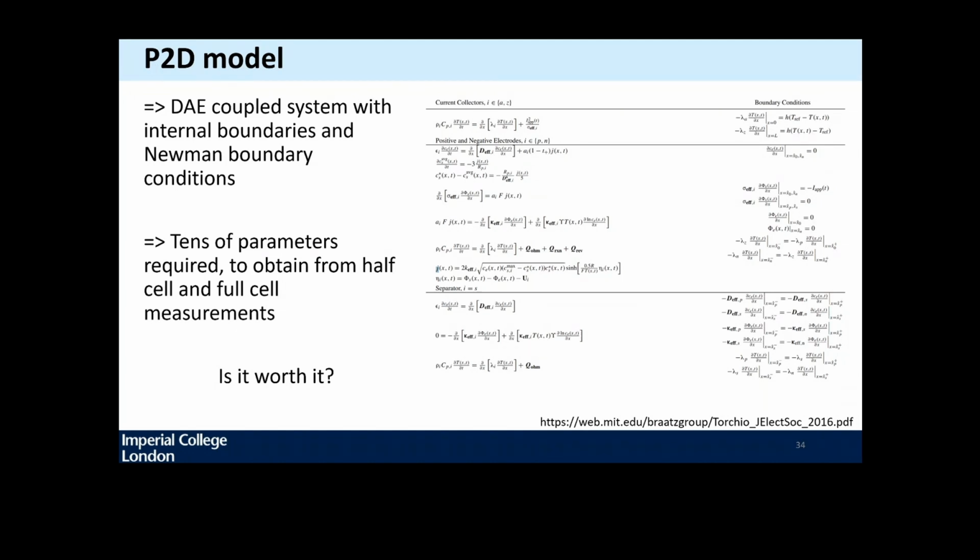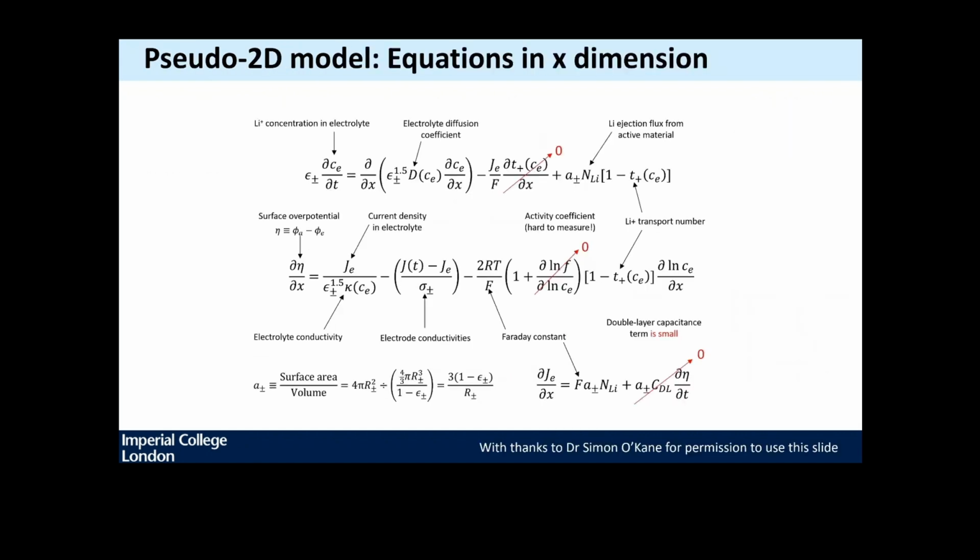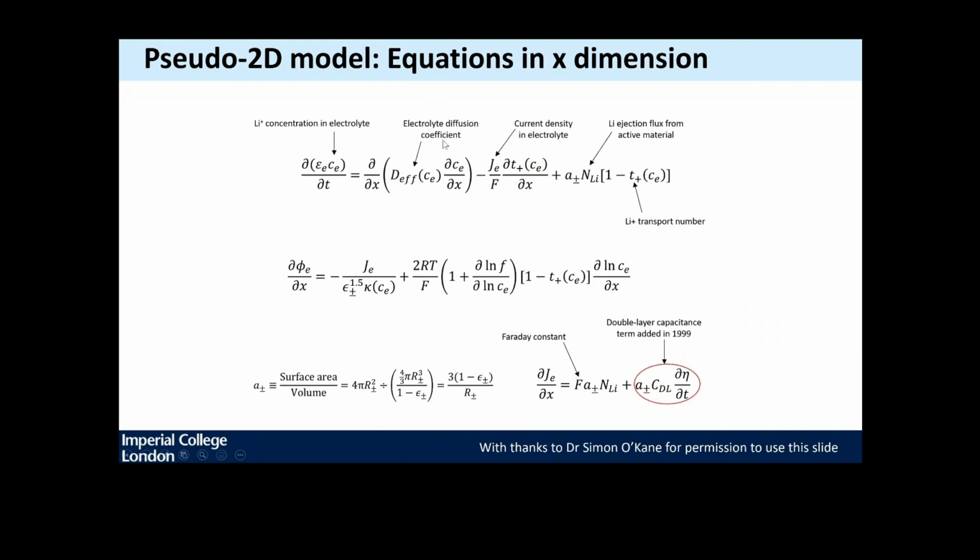It also depends on a lot of parameters, and a lot of parameters that are difficult to measure or even difficult to define. So just because maybe you can't see very well here, let's just go back through some of these slides. So this is a diffusion coefficient of lithium in the electrolyte. You may be able to measure this outside of a battery, but it will depend on temperature.